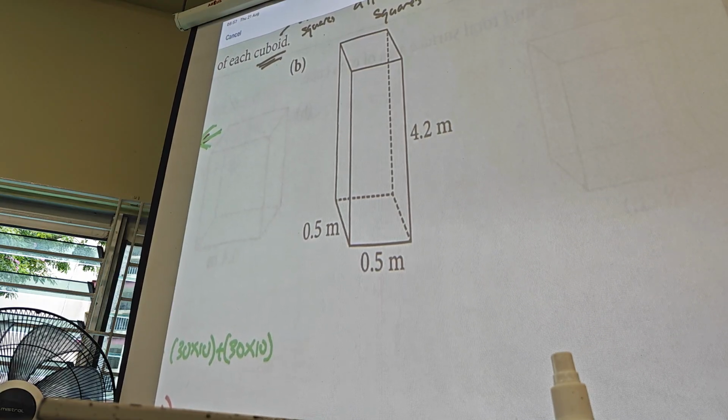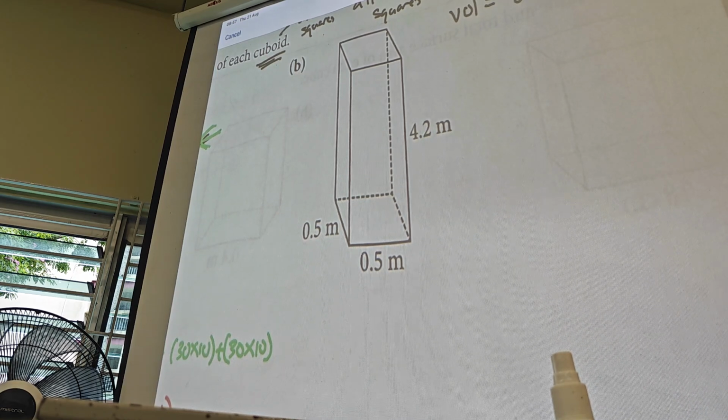Can? Anyone don't know how to start? Start. We do volume, length times breadth times the height, or just the sides. You can identify 0.5 times 0.5 times 4.2.